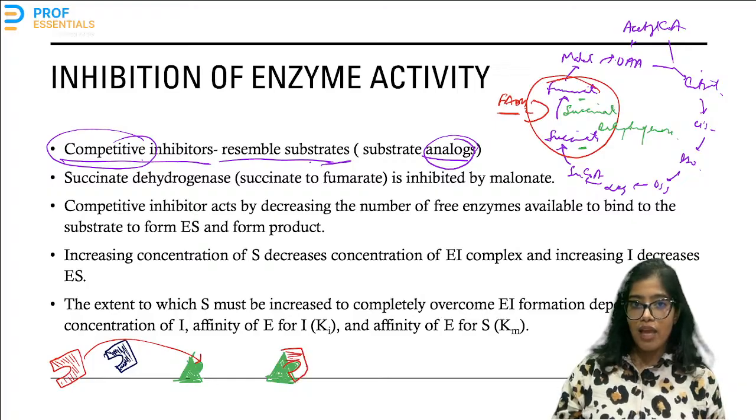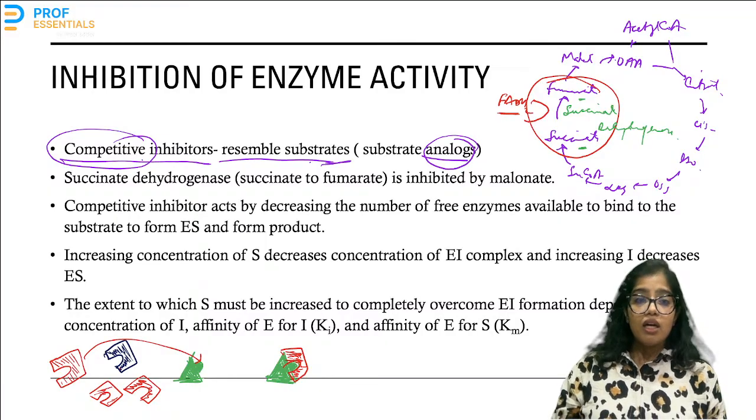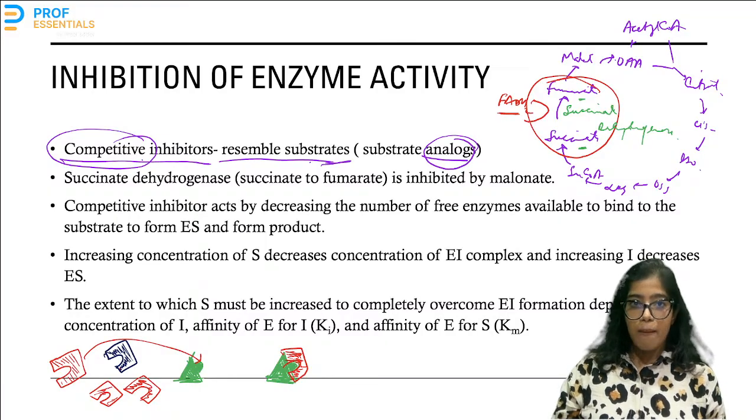If the enzyme likes this more, then it is going to get attached to the inhibitor compared to the substrate. Or if multiple inhibitors are present in the environment and only a few molecules of substrate are present, then also they are going to crowd near the active site and occupy it.